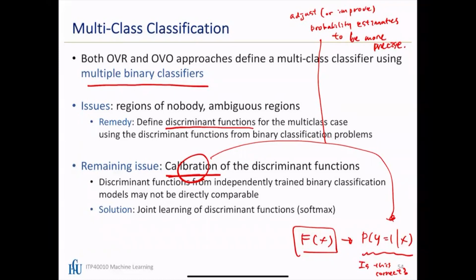The problem is that we built those probability estimators independently. So you have three different functions, class 1 versus 1 or 2, and so on. That means you have three different logistic regressions.